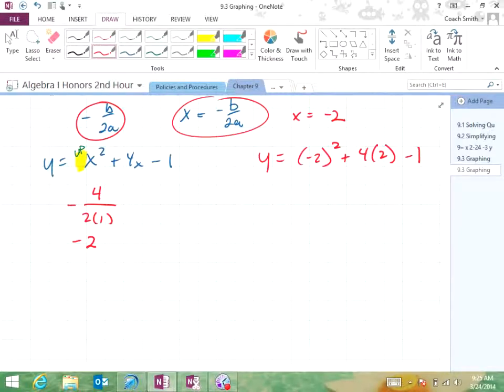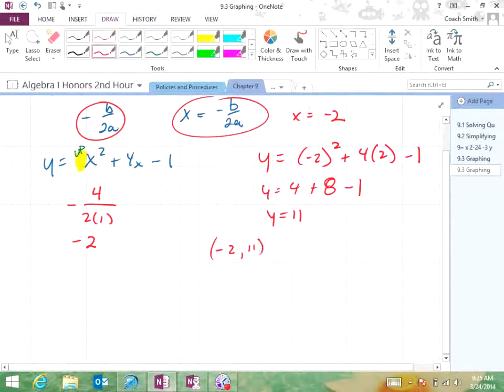So that's going to give you y is equal to 4 plus 8 minus 1, which is what? 11. So y is equal to 11. So our vertex of the parabola then is negative 2 and 11. Okay, and it's going to be pointing up.